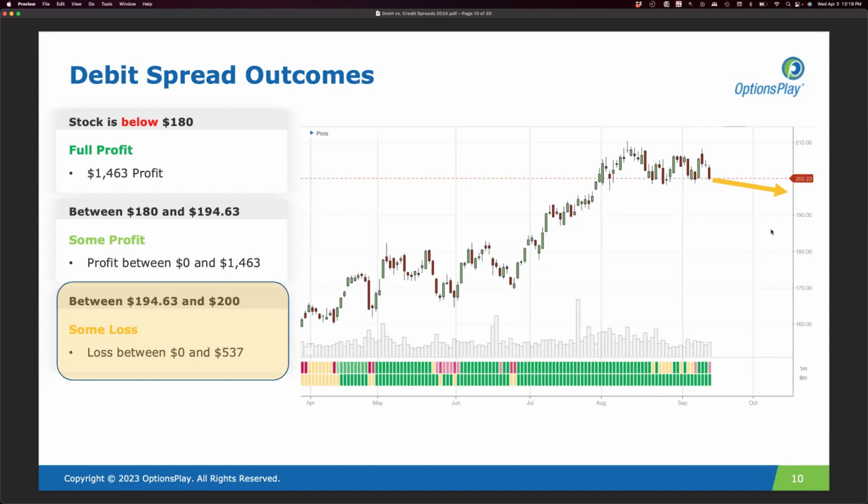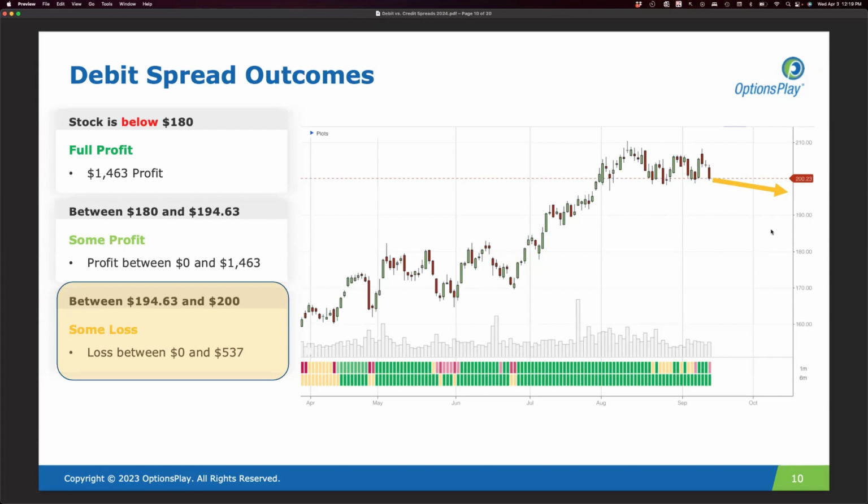In this particular example, this is the downside of being long options, right? When you're buying a put option, when you're buying a debit spread, the stock has to move before you're profitable. So even if it moves a little, you can potentially get the directional view correct and still lose money on that trade. In this particular example, you're just going to lose less money than if you were to just buy that put option.